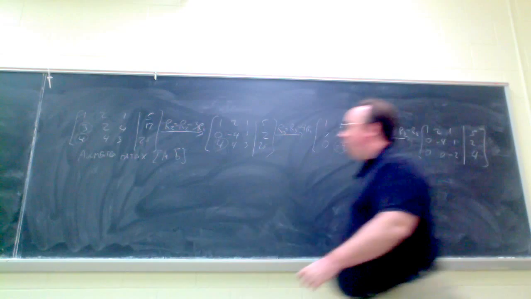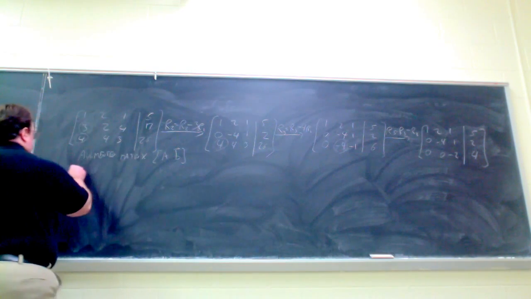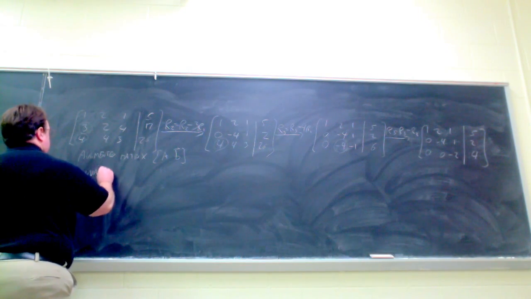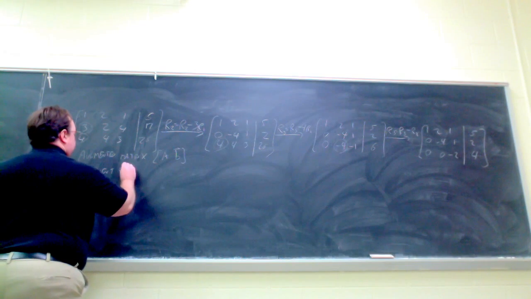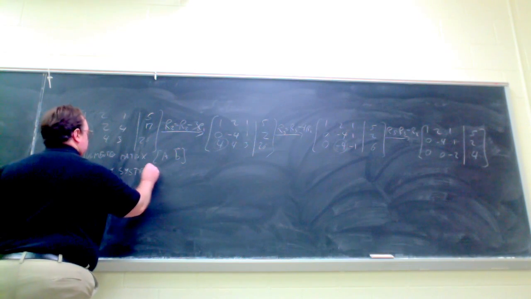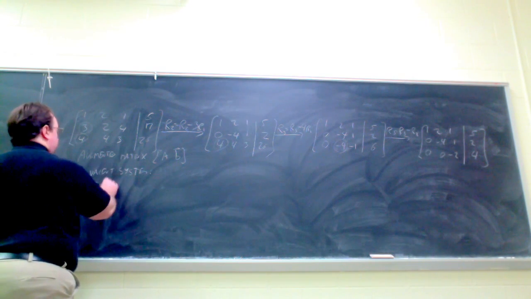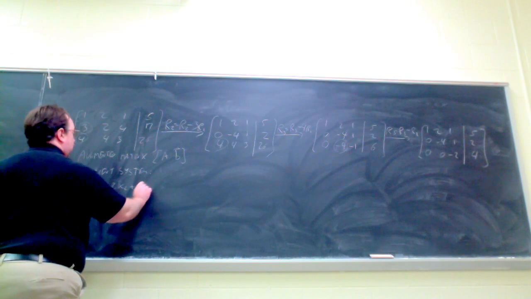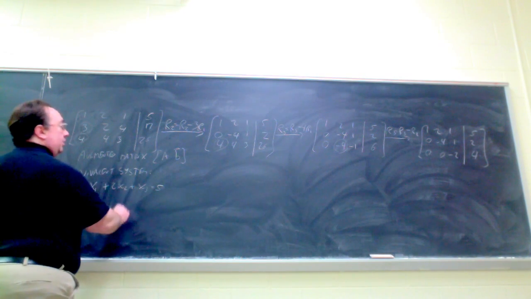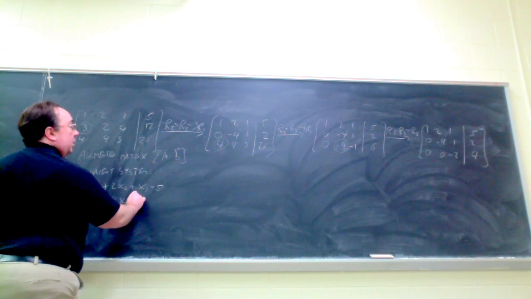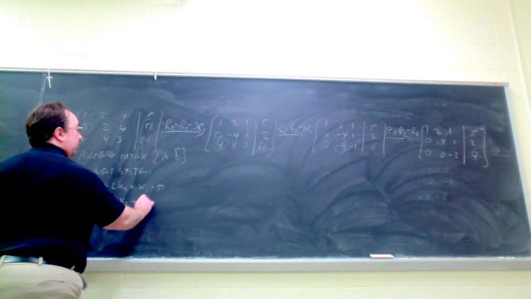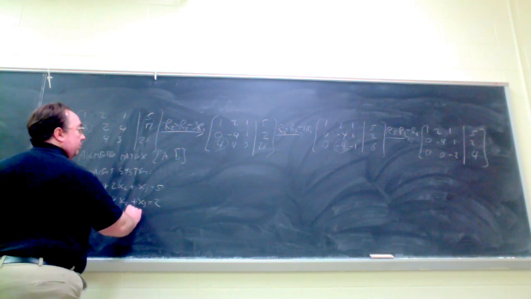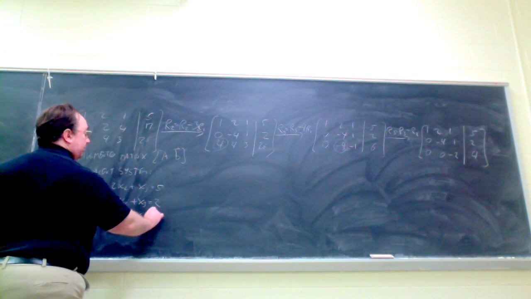So your equivalent system, if I were to write it out in full, would be: well, the first equation doesn't change at all. Then minus 4x2 plus x3 is equal to 2, and then minus 2x3 is equal to 4.